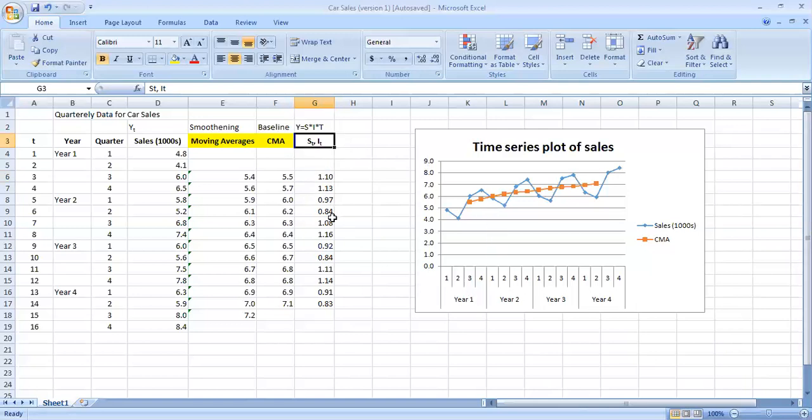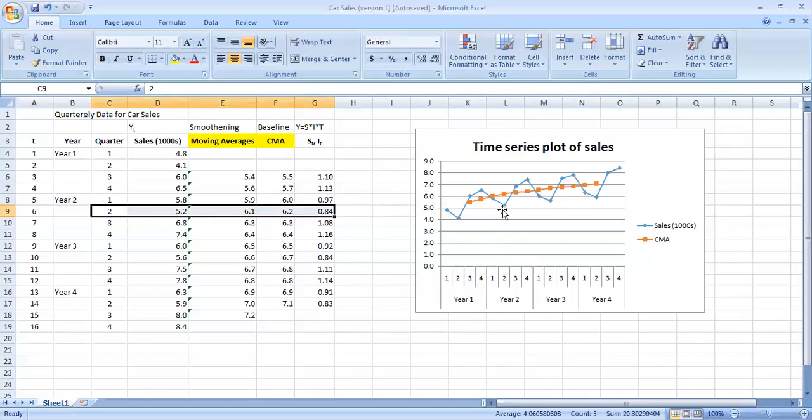When you look at a value like 0.97, that means 1 minus 0.97 is 0.03. This corresponds to year 2, quarter 1. Rather than looking at this value, we look at this 0.84, which is below 1. This corresponds to year 2, quarter 2.